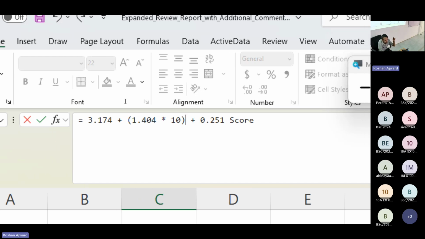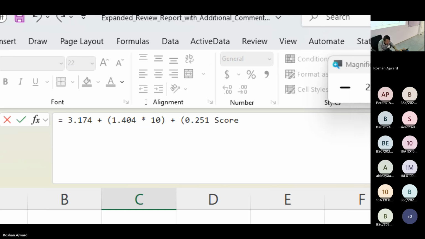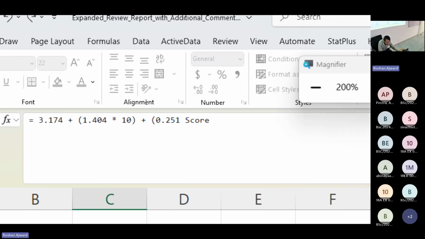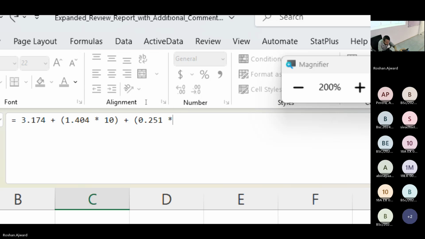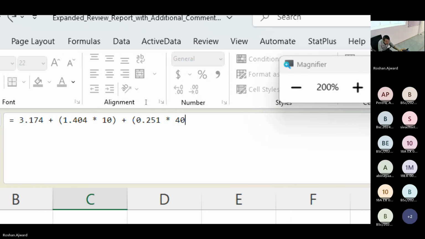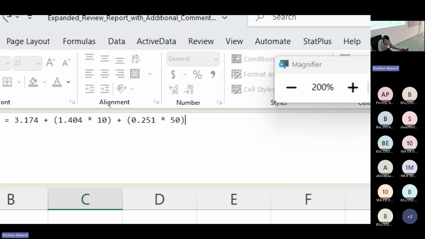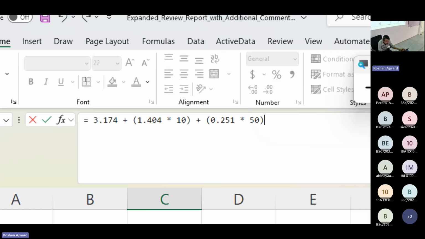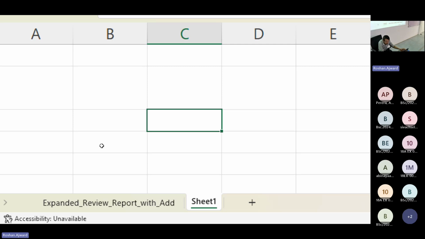Because 1.404 is the experience coefficient. Plus 0.251 into the marks the person got, 50. 3.174 is the intercept. So this is the computation. Hit enter.